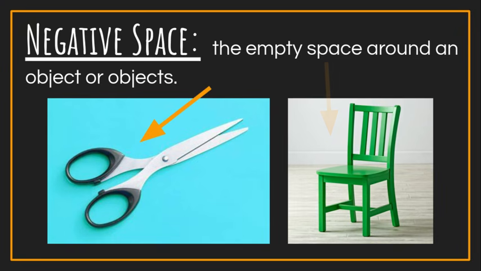So that could be the background, so the space behind it, or the space around it. It also refers to as the space in between. So for these objects, I can kind of poke my finger through each of those empty spaces. So my fingers can go through the handholds on the scissors. My arm could go through the parts on the chair. So that's empty space or negative space.